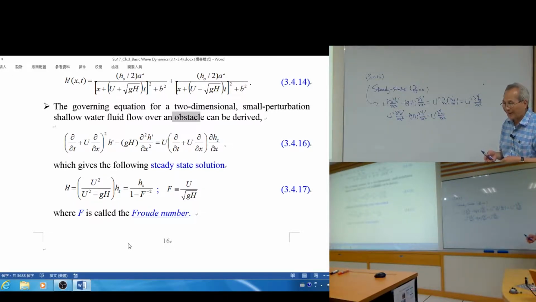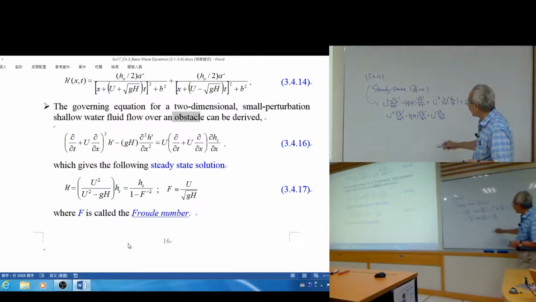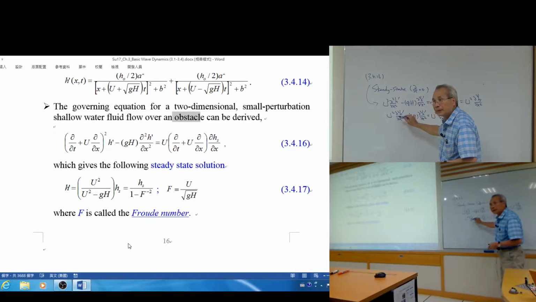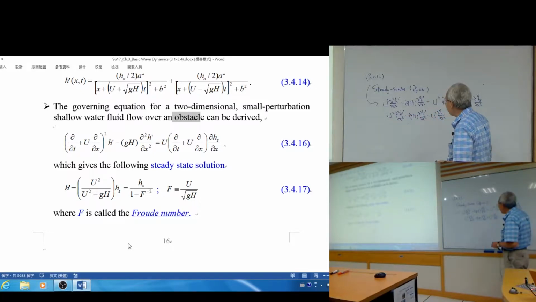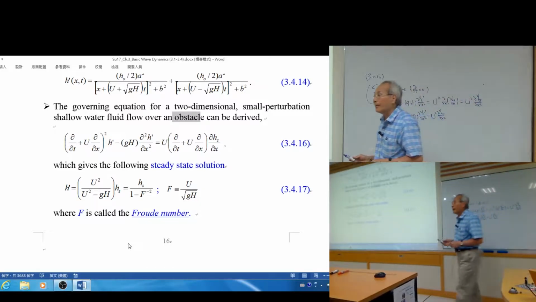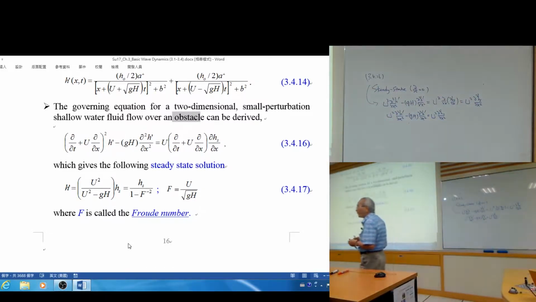One rough way to simplify this equation is, because we have the second derivative partial x square in every term, we just remove it. That's a rough way, but rigorously speaking, you cannot do that.